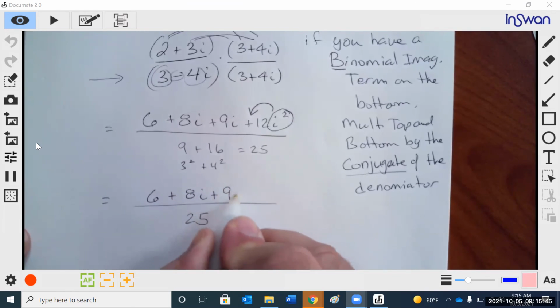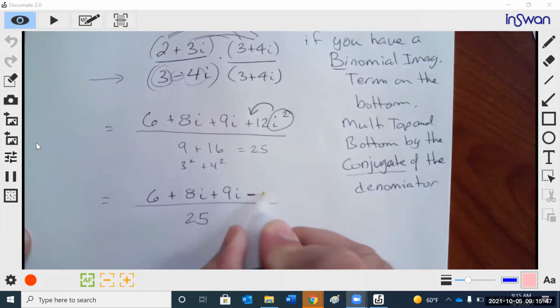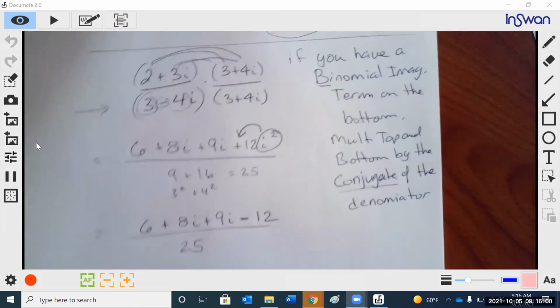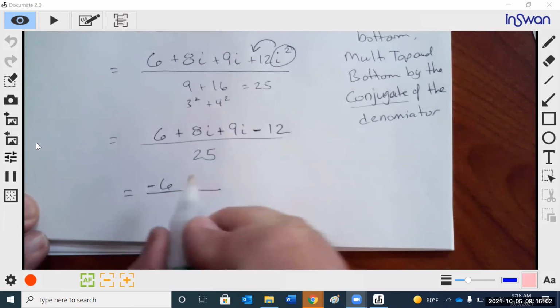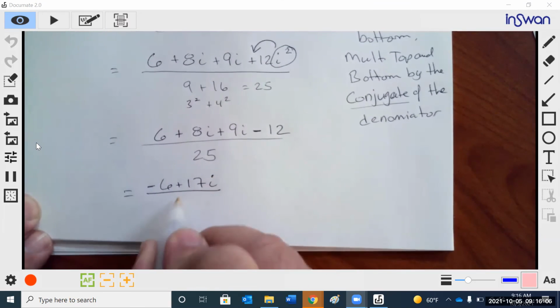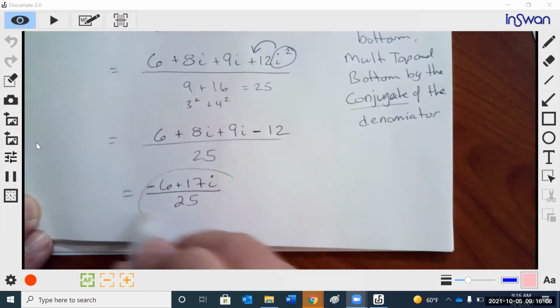Six plus 8i plus 9i minus 12. Six minus 12, 12 is bigger, so it's negative 6. 8 plus 9 is 17i over 25.